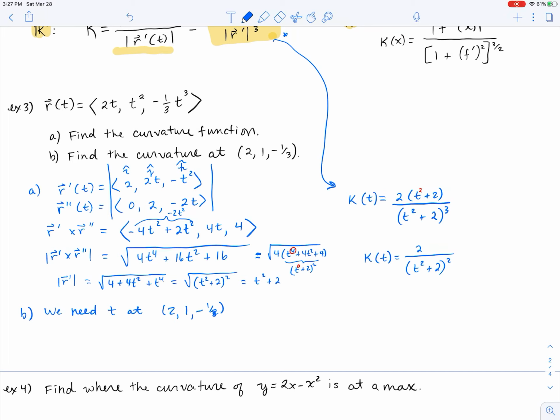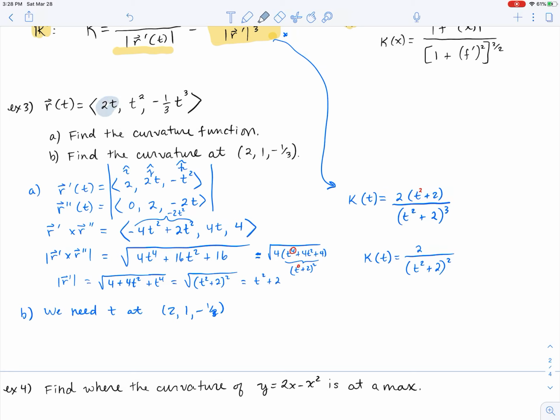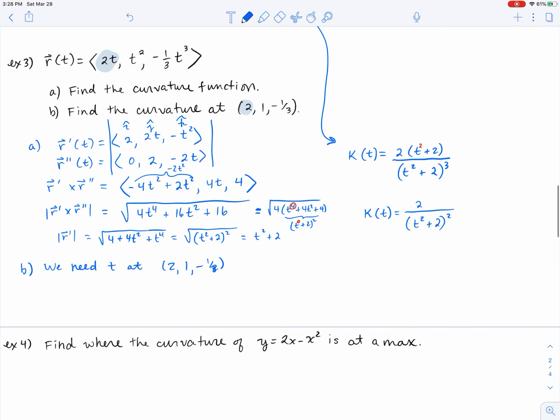And so all we need to do is set our x component equal to the x component of the point and solve for t, and then repeat it for each of the components and make sure that the t we pick is consistent and lands us on our curve, and then we're going to plug that into our curvature formula.